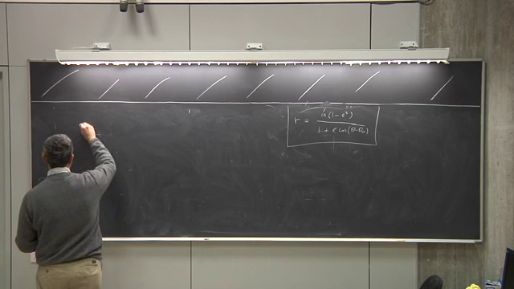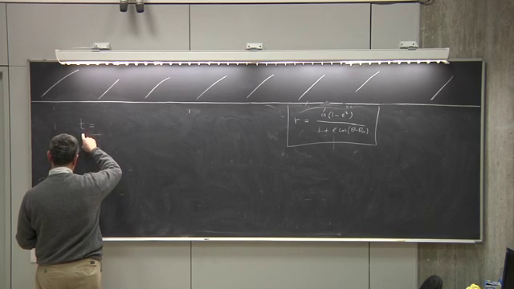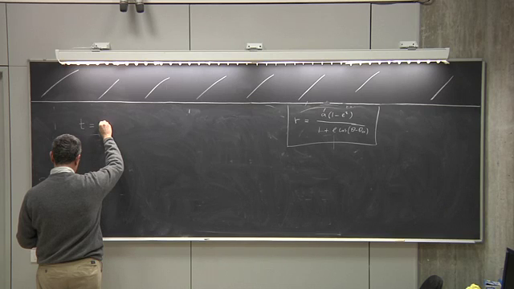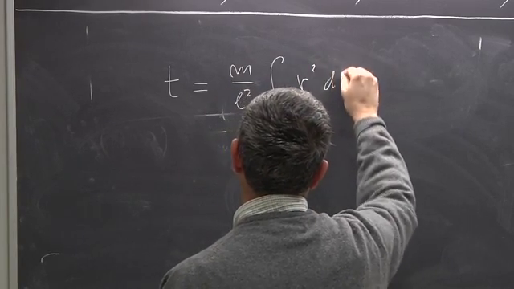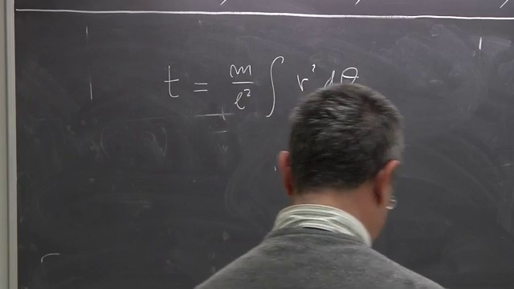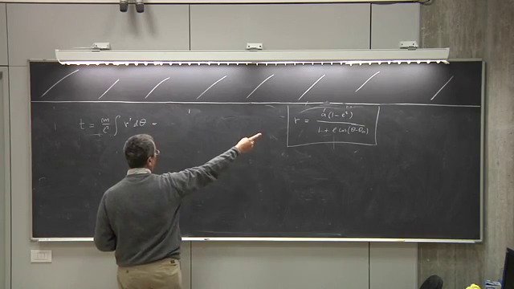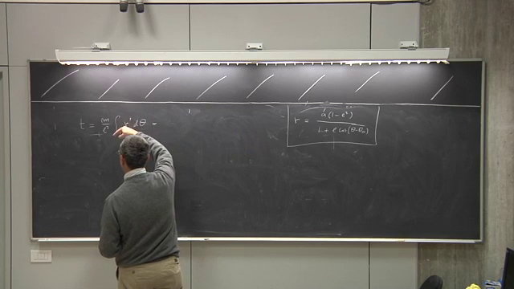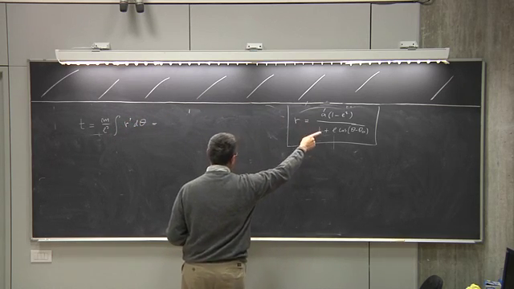So let me write it so you remember the equation for the trajectory. It was t, some constant that we call it like this, r squared d theta, right? Now I want to find what the trajectory is if I'm moving on the orbit that is an ellipse.